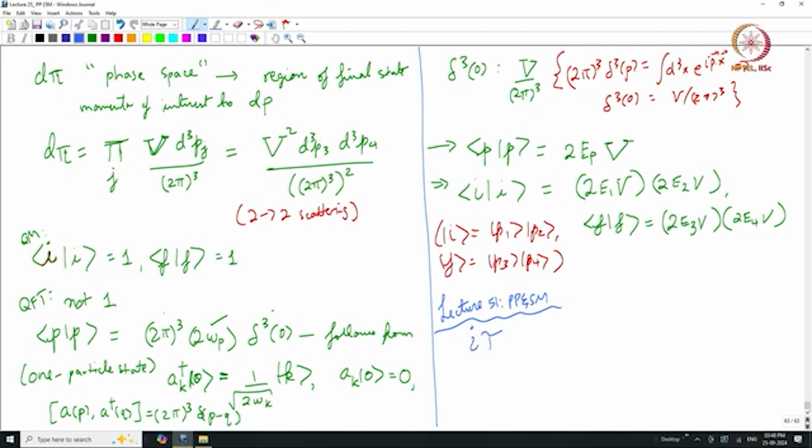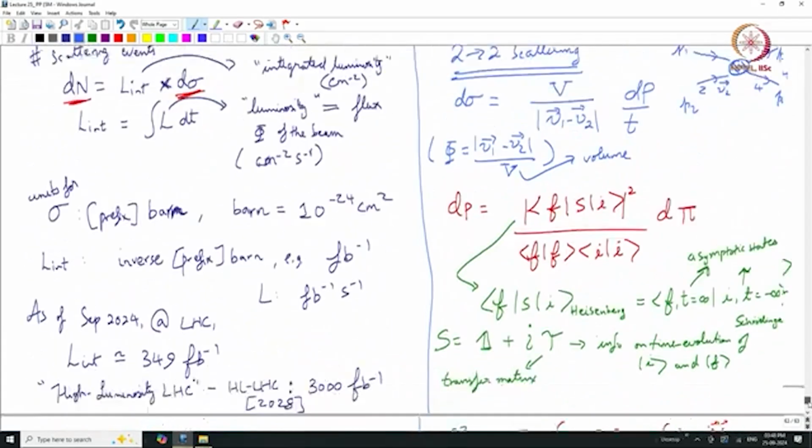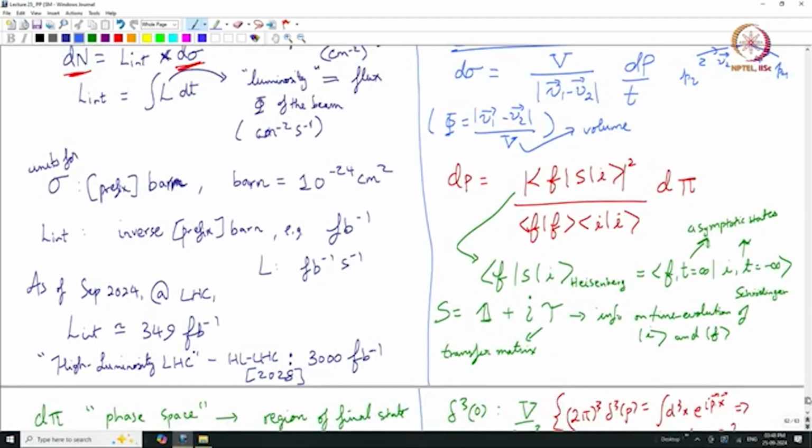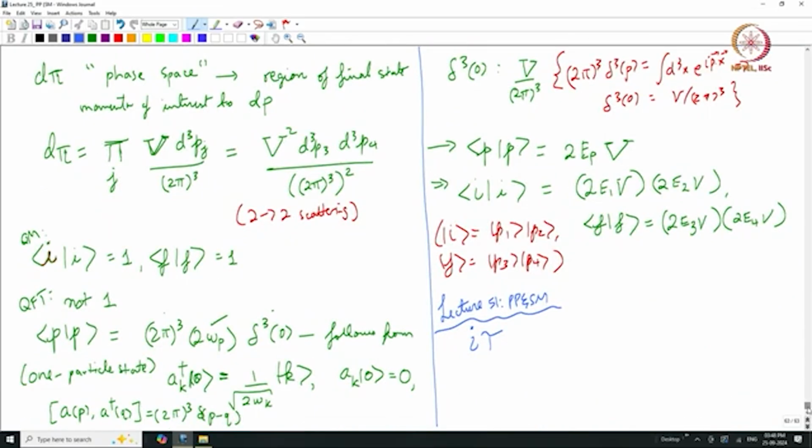See, all of the transition is captured in this transition amplitude. If this t is 0, everything is 0 here. You need to transition from some initial state to final state. That is what the S matrix tells you, correct. Now, let me actually, I have jumped the gun a bit.